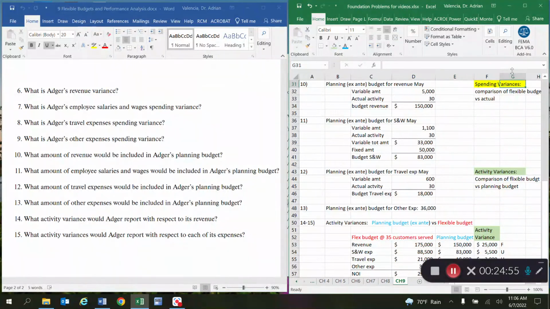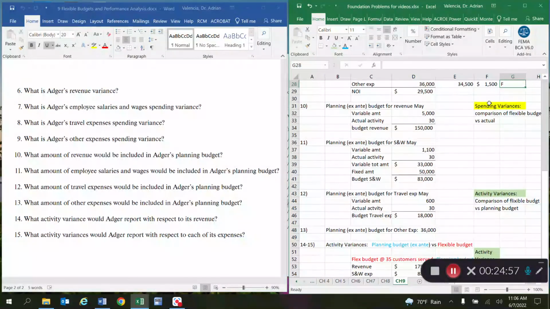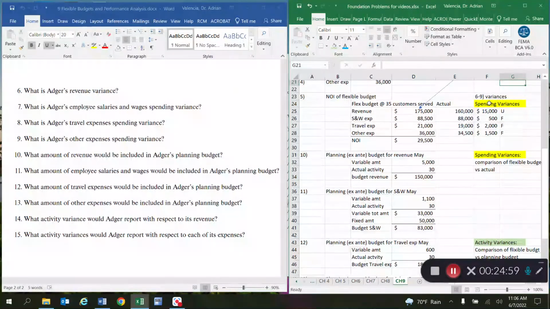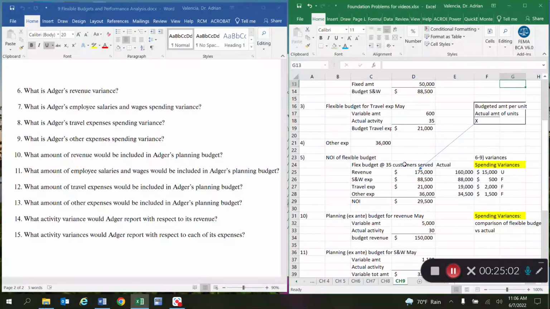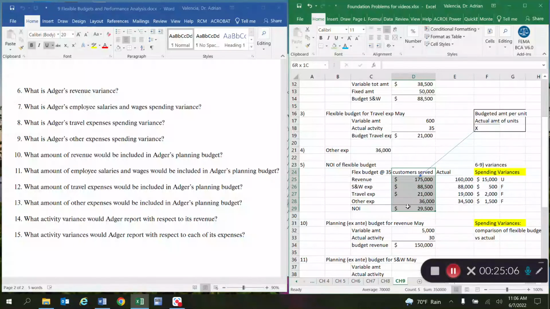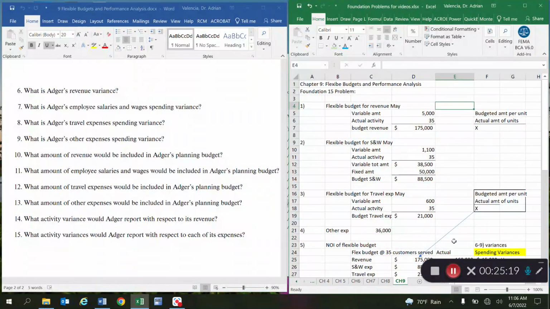Whereas when you come up with the spending variances, those are related to comparing apples to apples. This is based on 35 customers, and the actual results are based on 35 customers. So any difference here is because we spent more or less. Okay, this concludes the video for flexible budgets and performance analysis.